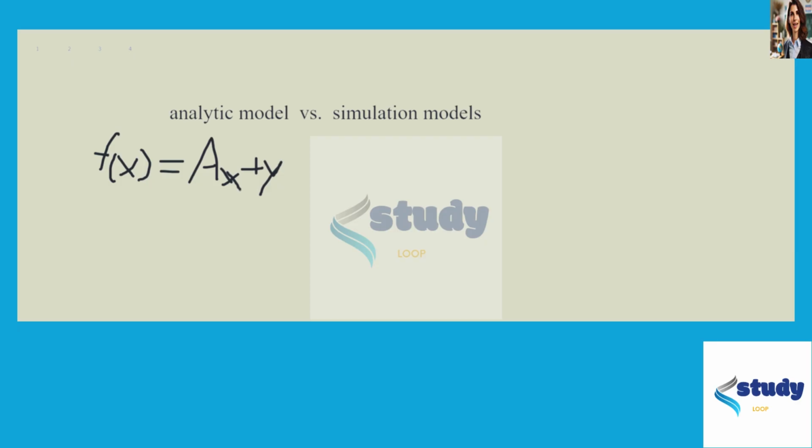So perhaps if f of x is the number of lions and x is the number of gazelles, you're able to predict if gazelles go down by how many, how that will affect the lion population. A simulation model is using a computer algorithm. So this is my computer, and it tries to simulate in order to make predictions on complex algorithms.